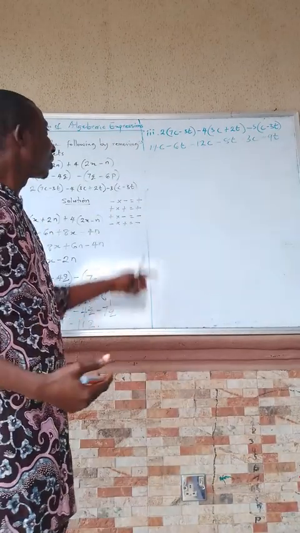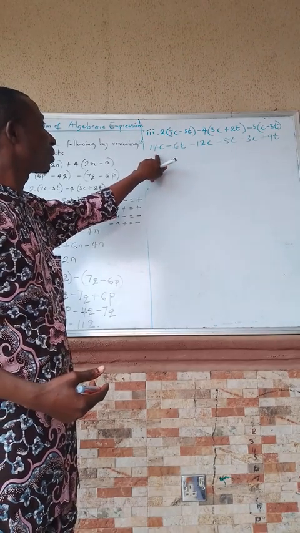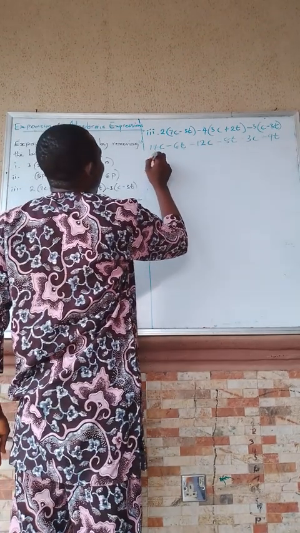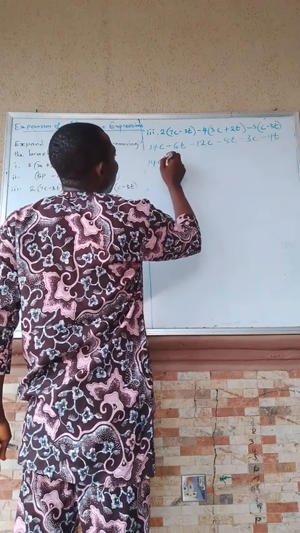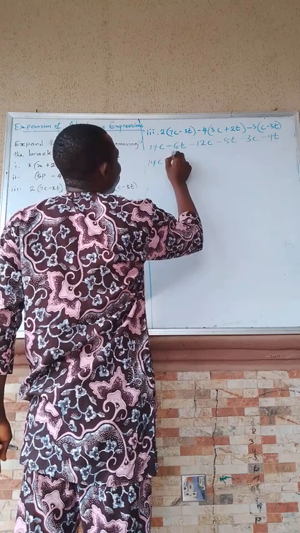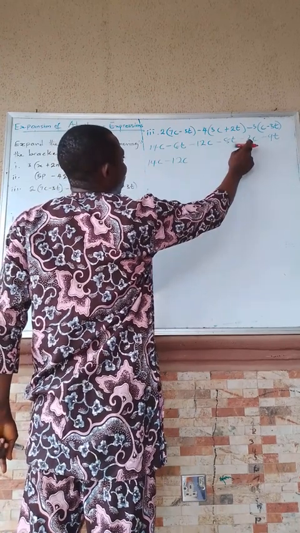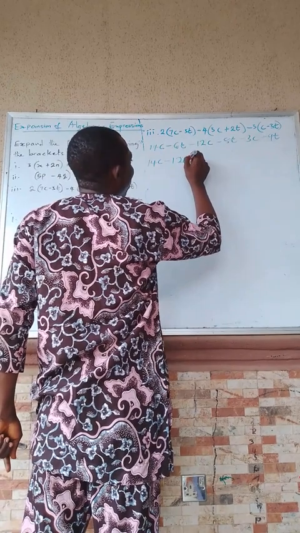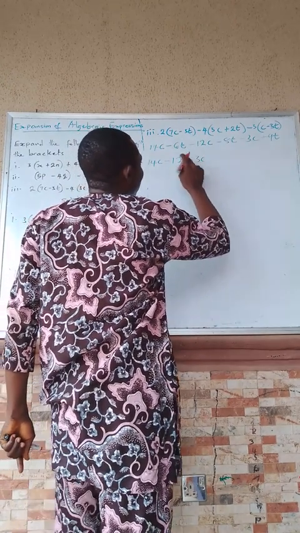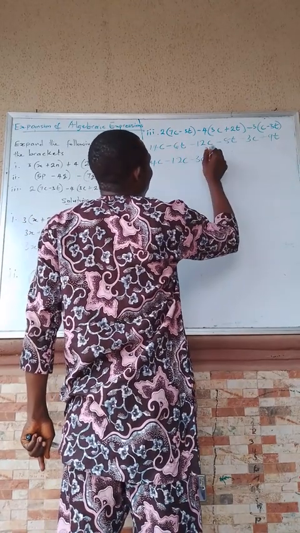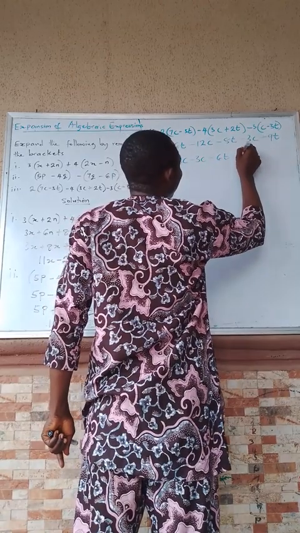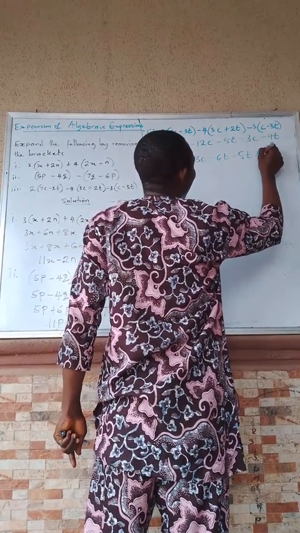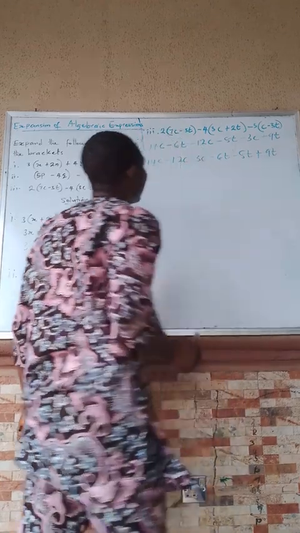Hope you get that. So now, you collect the like terms. Now we have 14c. Let's bring this one here. Minus 12c. Another c here. Minus 3c. Now let's bring the t's together. We have minus 6t minus 8t plus 9t.